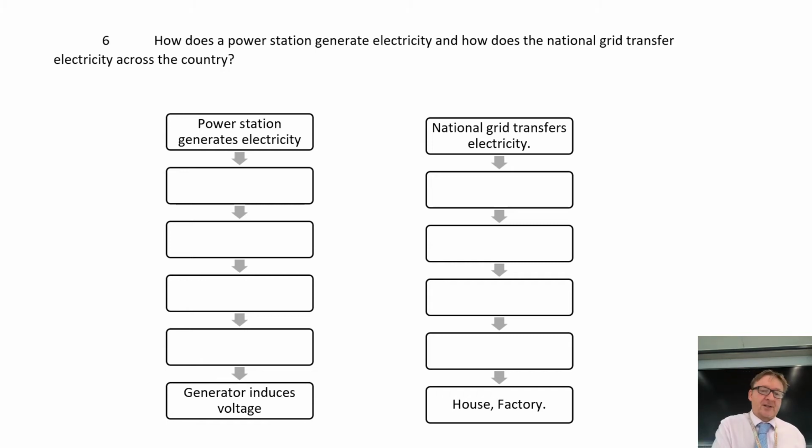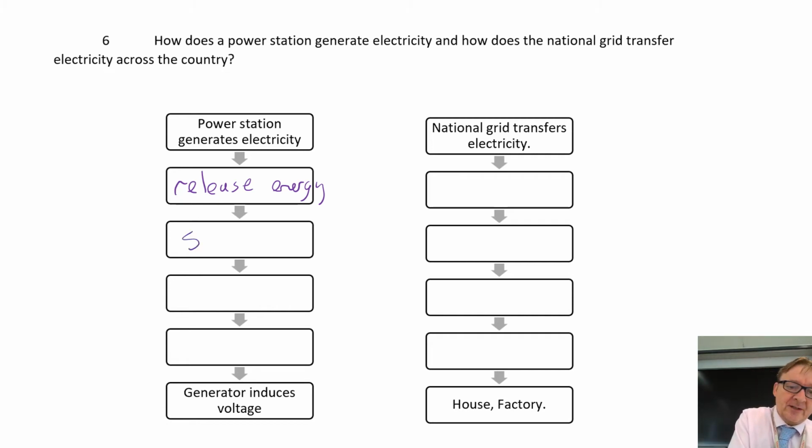Question number 6. All right, how does a power station generate electricity? All right, so what I've done here is I've just done it into a flow diagram. And how does the national grid transfer electricity across the country? So a power station. Okay, so what happens is we release energy. Okay, so that is then whatever it is, coal, oil, gas, power station, and what you do is release energy.